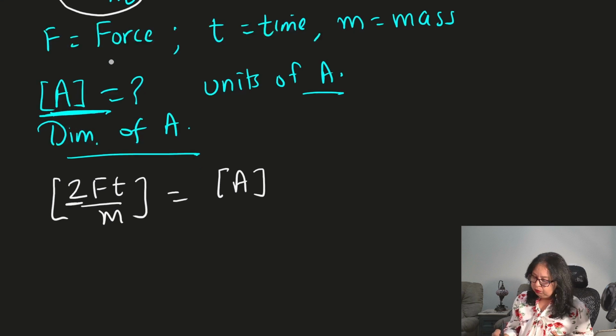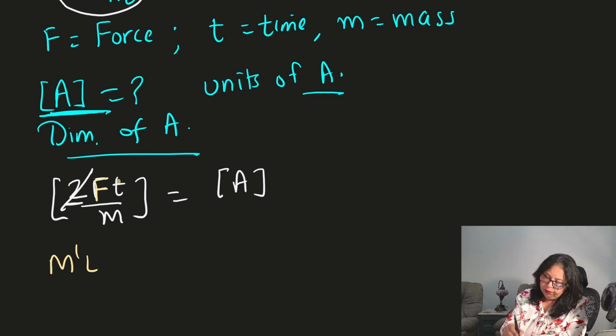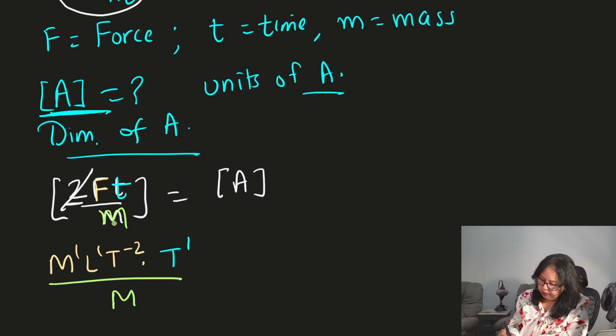2 here is dimensionless, so just take it out. F, let's make this yellow, F is M1 L1 T^-2. Then I have T, which is just T^1. Then I have m at the bottom, and this m is to the power 1.